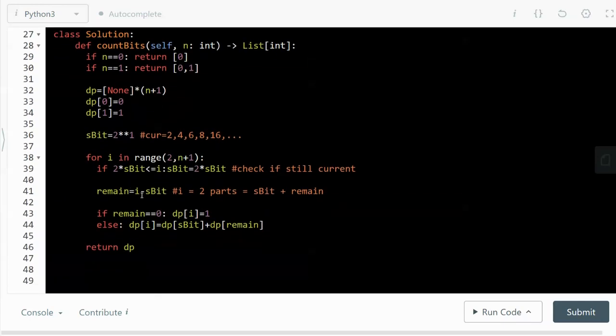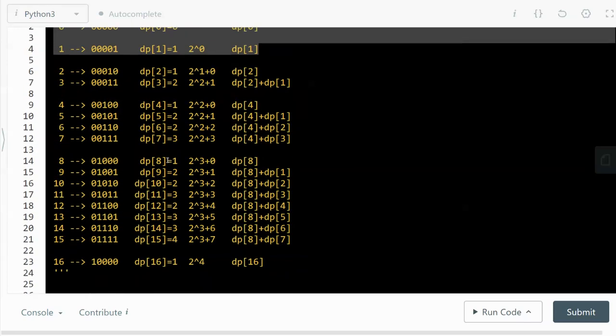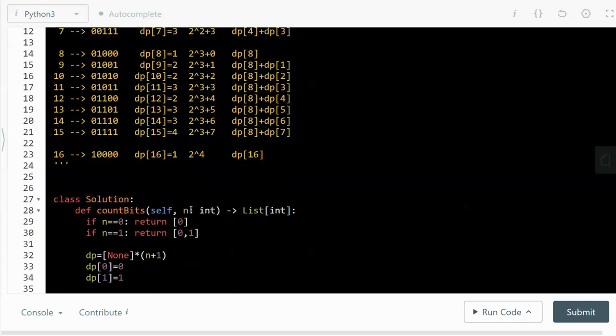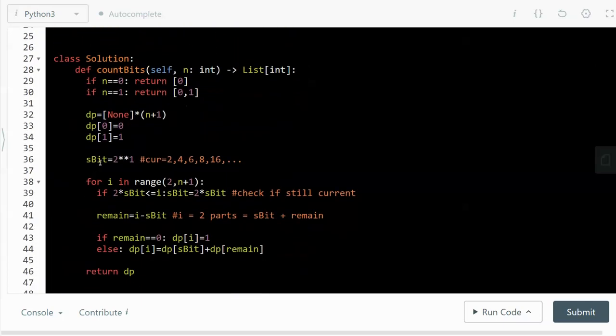And then what we can do is to have a significant bit to keep track. Remember, the number can be represented by a significant bit plus a remainder. So I have an S bit in here to keep track of the current significant bit.